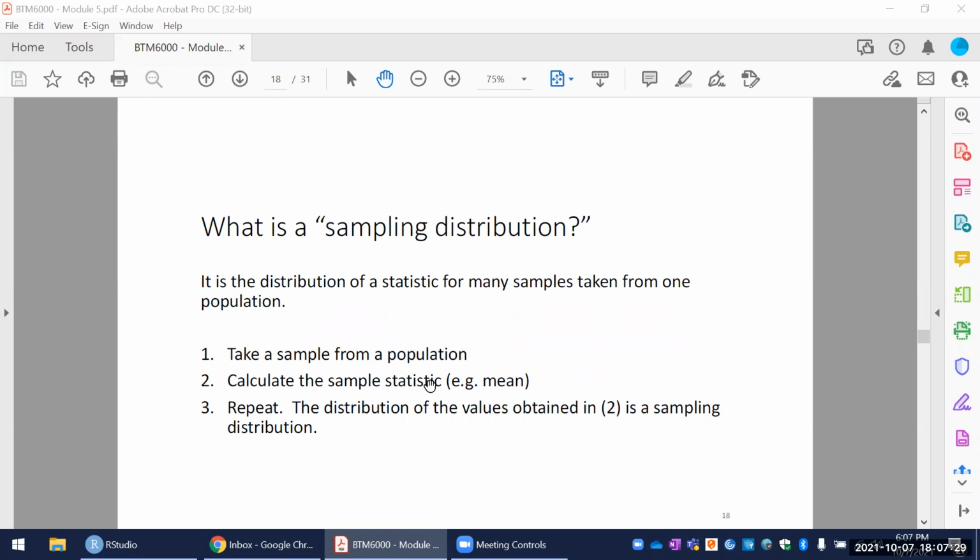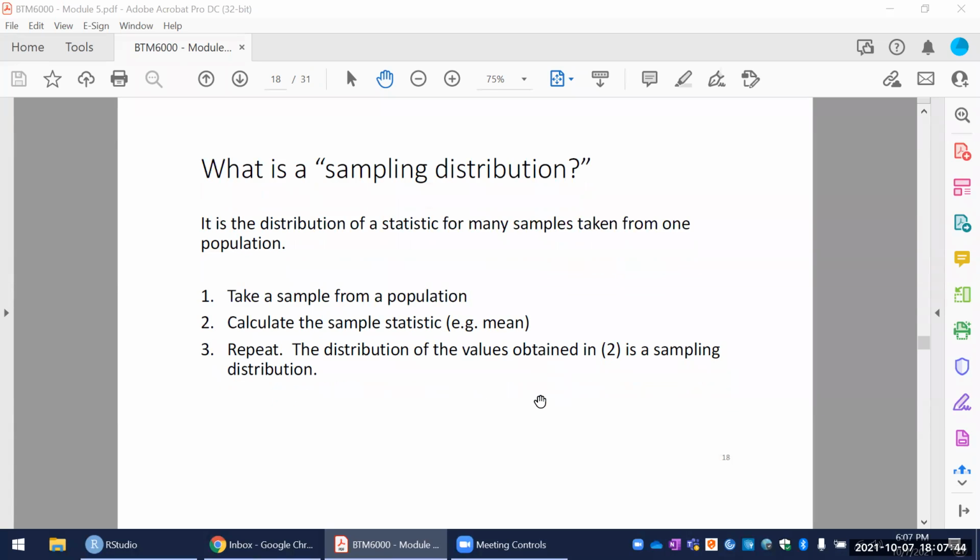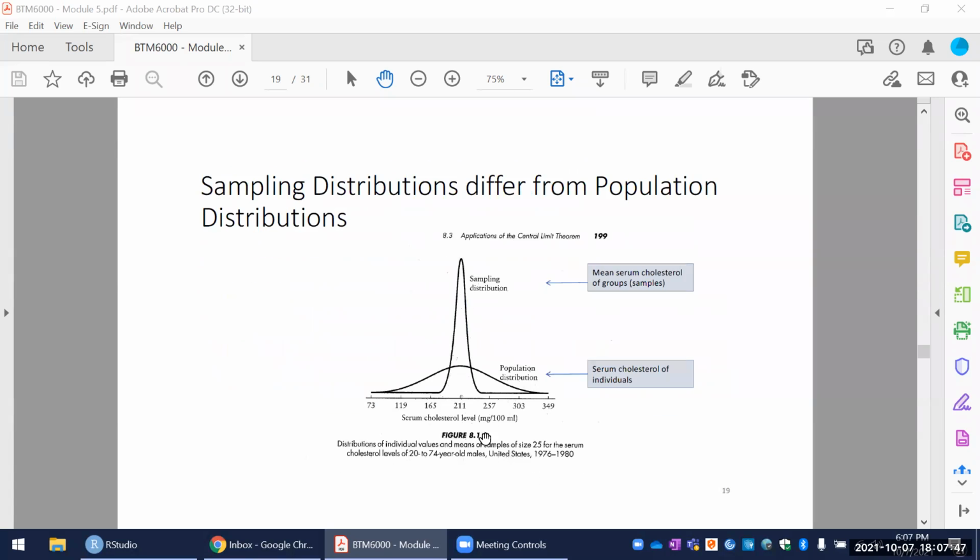Whenever we speak about the sampling distribution, we assume that we have drawn repeated samples from a population, and we have calculated sample statistics. We have determined the mean for all of our samples. This is important as a concept because if we compare a population distribution to a sampling distribution, they are substantially different, and the sampling distribution will be much more narrow.